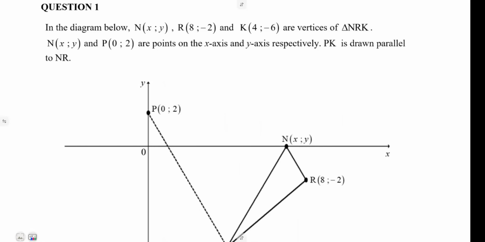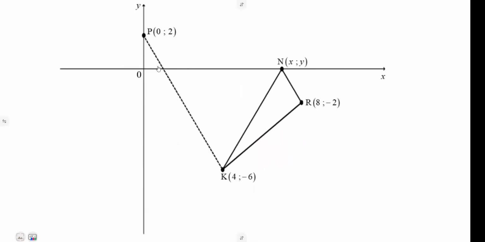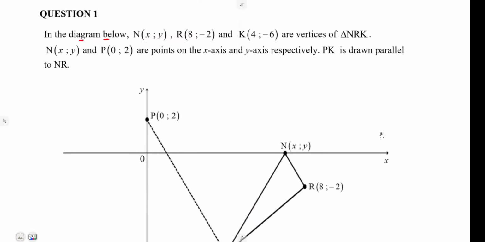Question number 1, we are given a diagram. In the diagram below, this is the diagram that you were given, with the points given. A triangle is formed here, and we have the points P, K, R, and N. These points are also listed here.